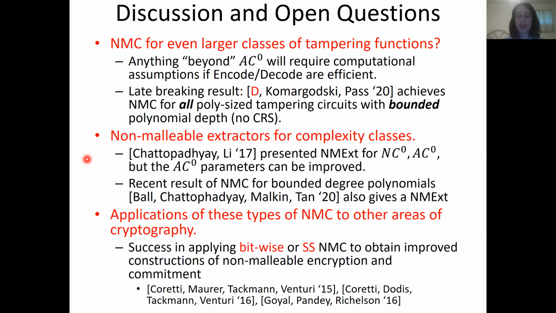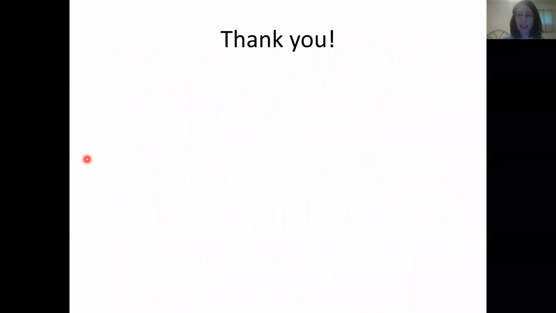What can they be useful for in cryptography other than tamper-resilient cryptography? There has been quite a bit of success in applying bitwise or split-state non-malleable codes to obtain improved constructions of non-malleable encryption and non-malleable commitment. But as far as I know, there haven't been similar results for these complexity class non-malleable codes. So with that, I guess I'll end, and I'm happy to take any questions.